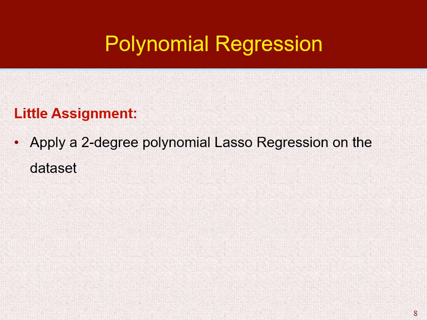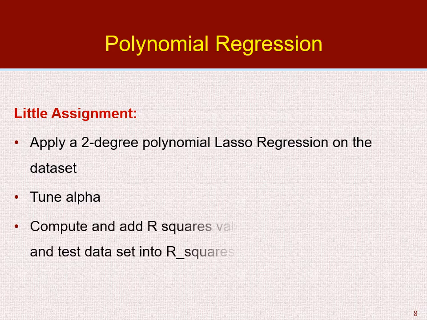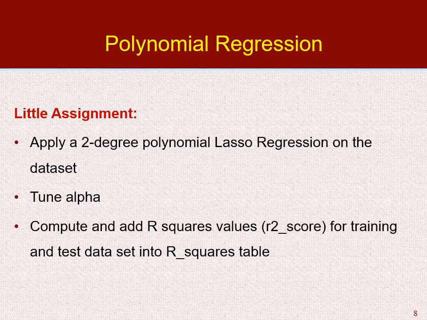Now you can apply a 2-degree polynomial lasso regression on the dataset. You can also play with the degree, go with 3 or 4 and see what would happen. Tune the alpha, the penalty coefficient, to find the best one. And then compute and add the R2 score for the training and test datasets into your R squares table.